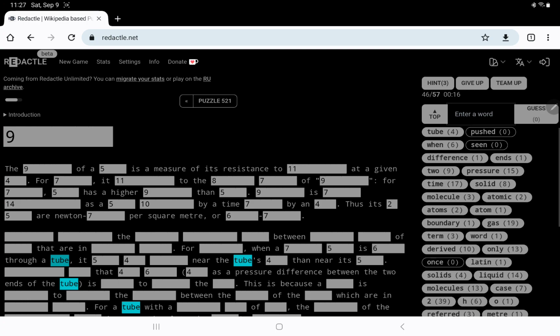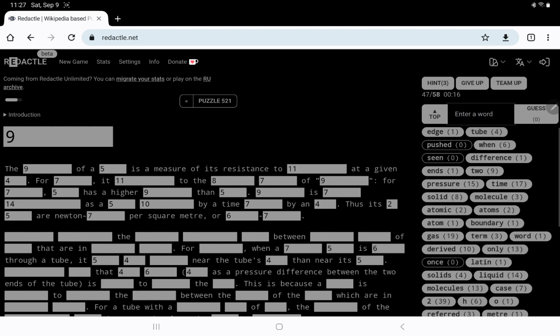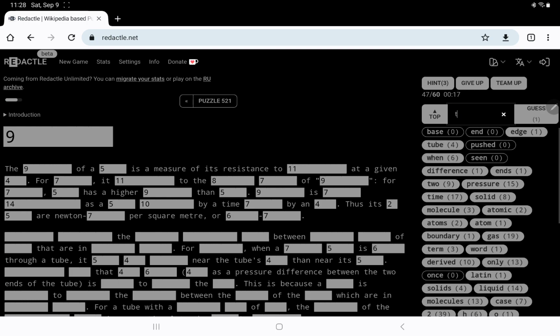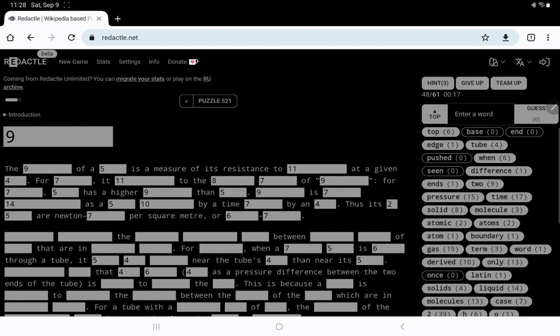Oh, could this be something to do with surface tension near the tube's blank, near its edge? Let's do end singular, no end. Then near its base, top, and near the tube's mouth.